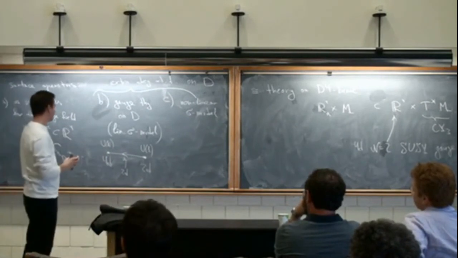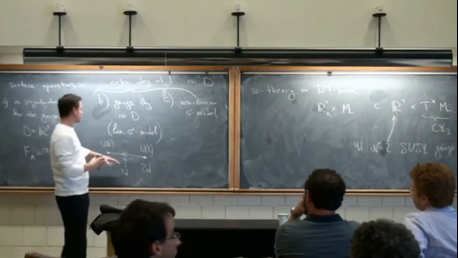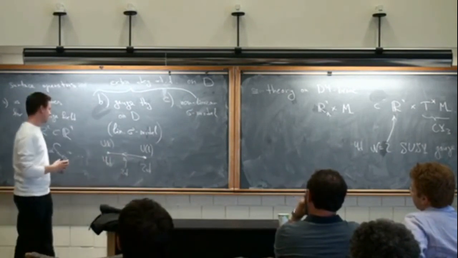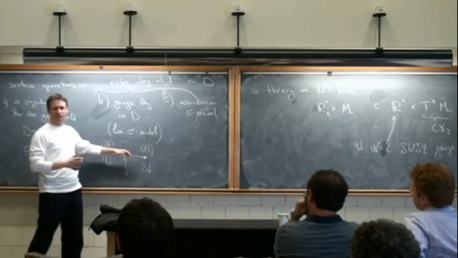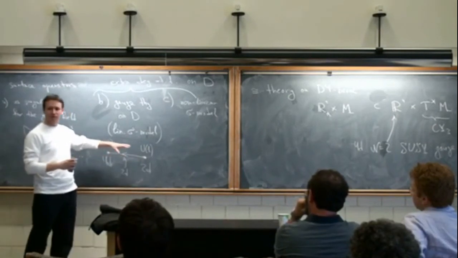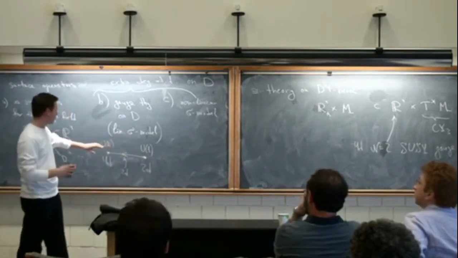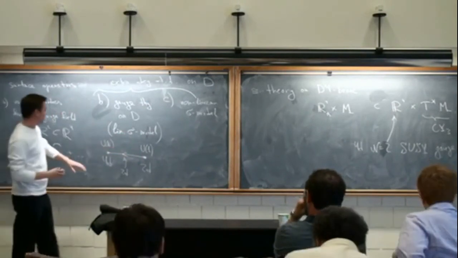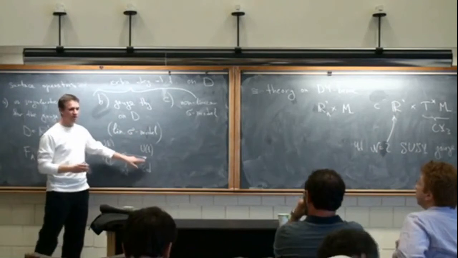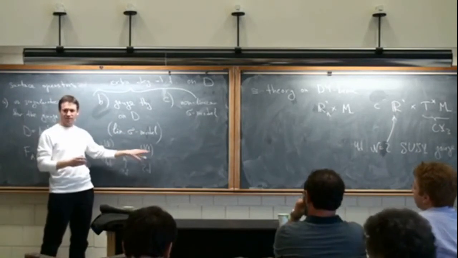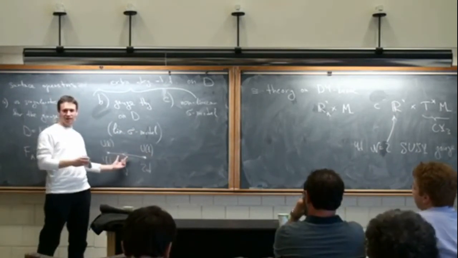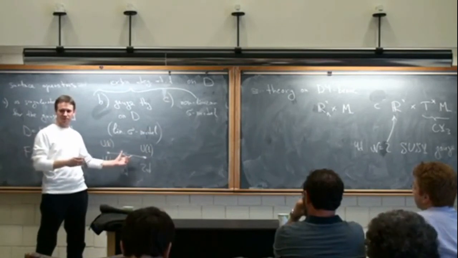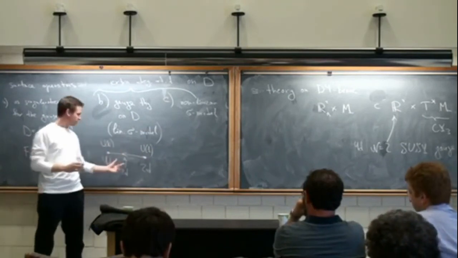Well, it has an anomaly, but in string construction, it naturally comes equipped with additional multiplets of opposite charge. But for what I'm going to say, it's not going to be important, so let me suppress it. What's important is that it's an abelian theory. In general, they come from hypers in the four-dimensional theory, so they have both choices.